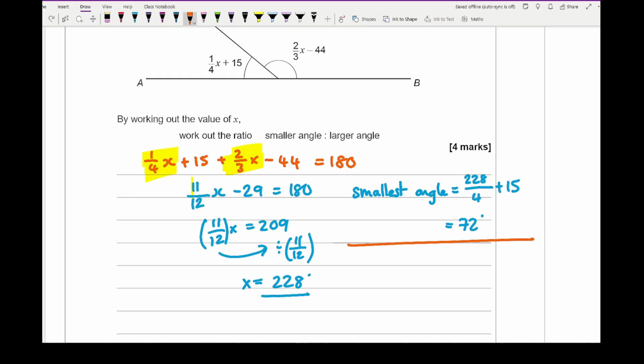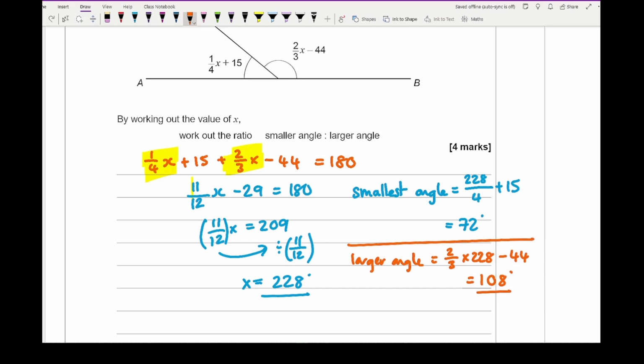And then if I work out the larger angle, that's going to be 2/3 times 228 minus 44. So 2/3 multiplied by 228 minus 44 gives me an angle size of 108 degrees.